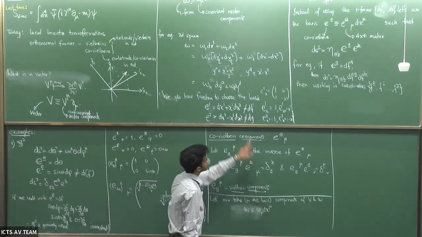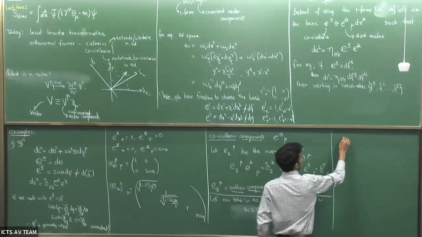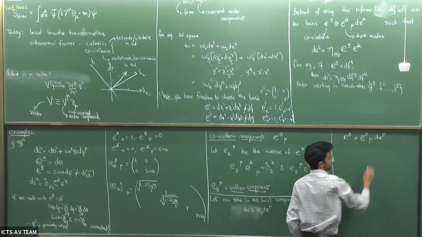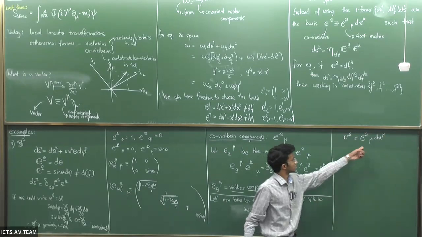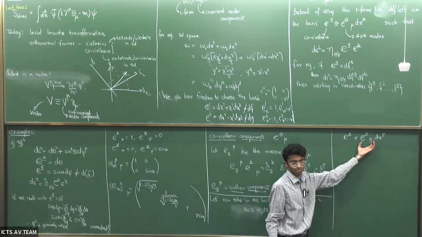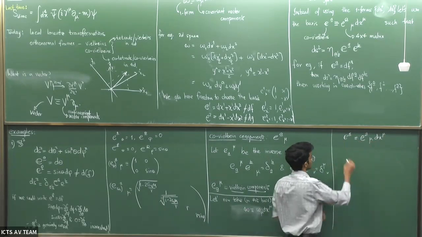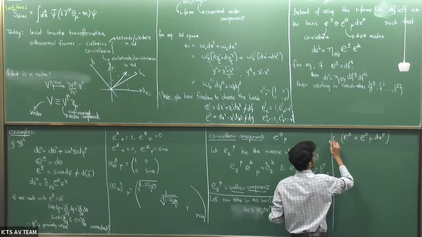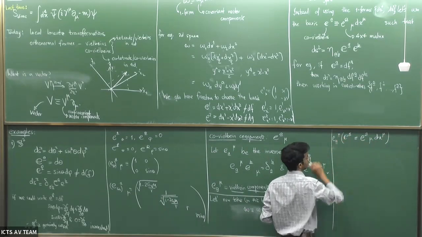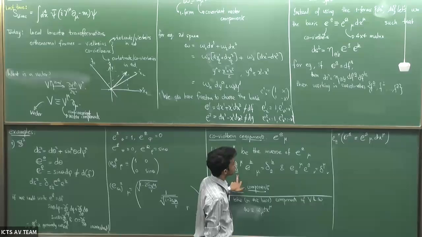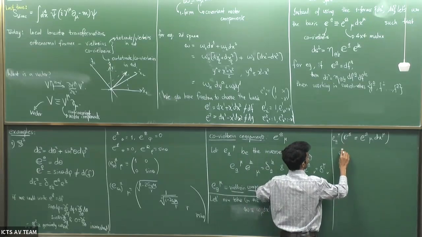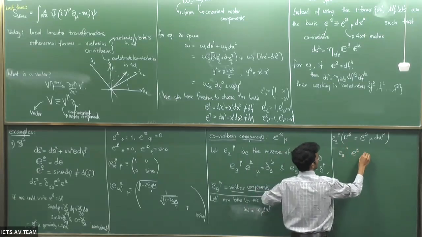But I can write dx mu in terms of E, because E^A, I told you, is E^A mu dx mu. But E^A down, mu up is the inverse of this matrix. So I can act that on both sides, and this will become identity. Multiplying the above equation by E A nu, this becomes E A nu E^A equals dx nu.